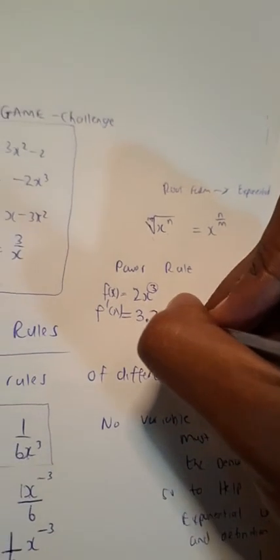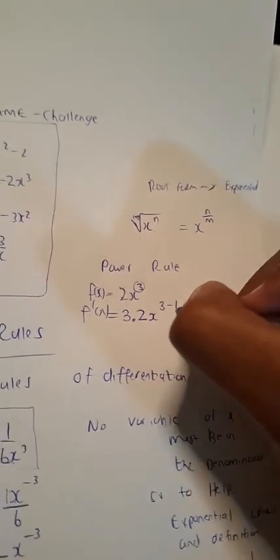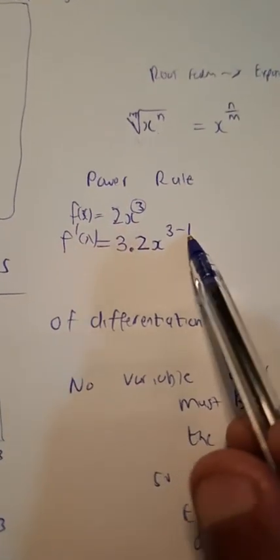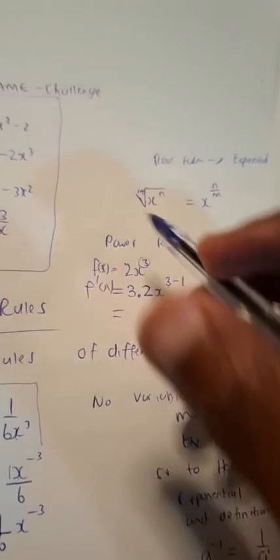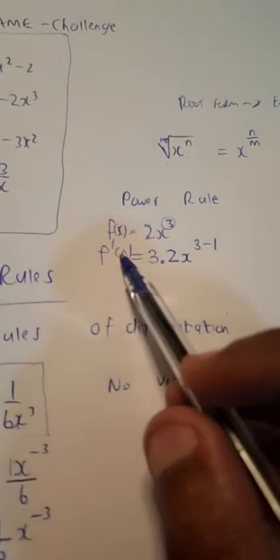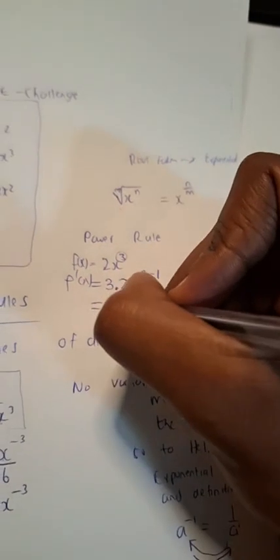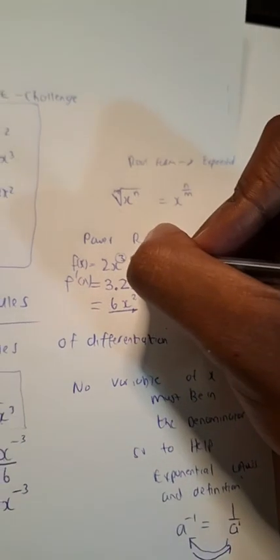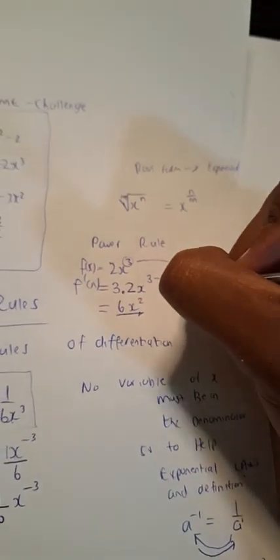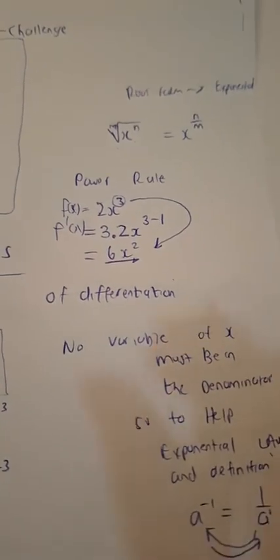Then the variable is retained, and then we subtract 1 from the exponent. So our final answer becomes 6x to the power 2. That's how this 2x to the power 3 is derived using the power rule.